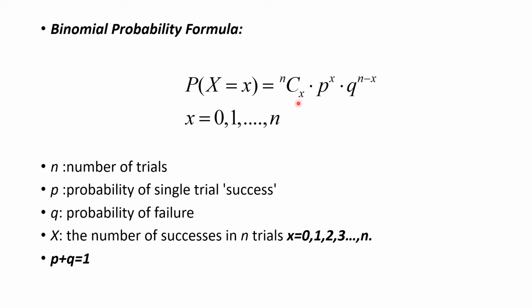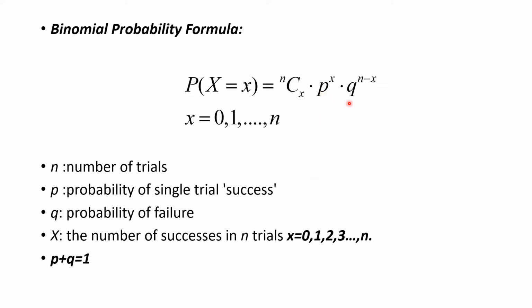So I hope you recall how to calculate nCx. Just want to highlight again, n is the number of trials, p is the probability of success, q is the probability of failure. So x has to be the number of successes, which is always a whole number.